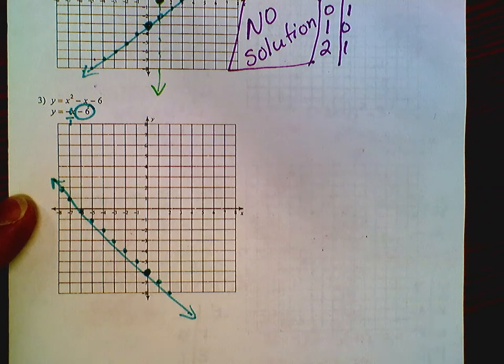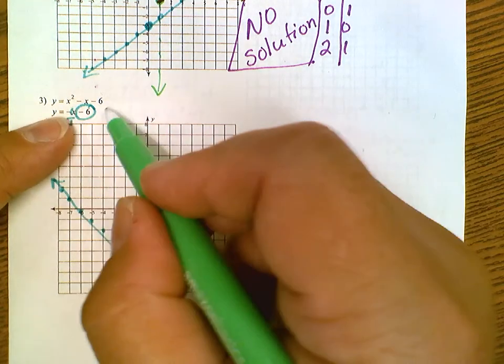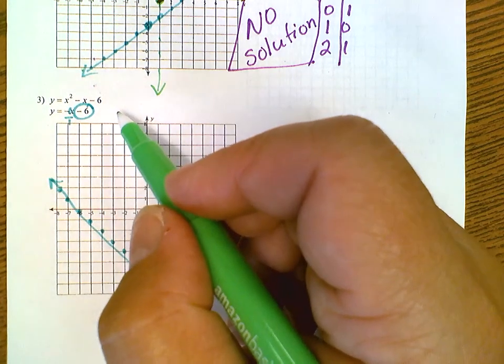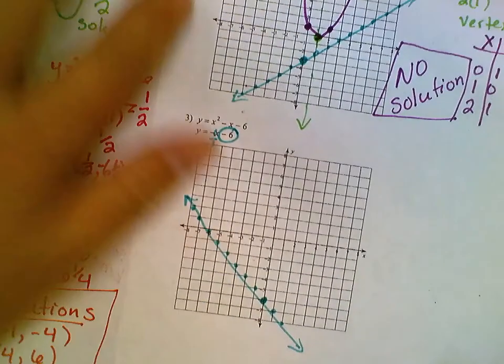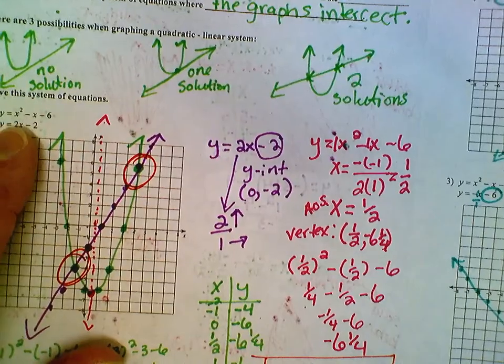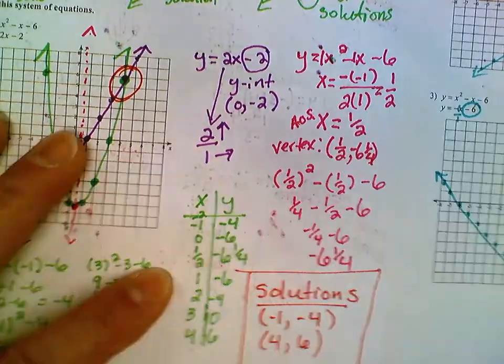And so now I am going to graph this quadratic, which, if I'm not mistaken, we've already done. So I'm going to save myself some work and steal my table from the first page, which is right here.